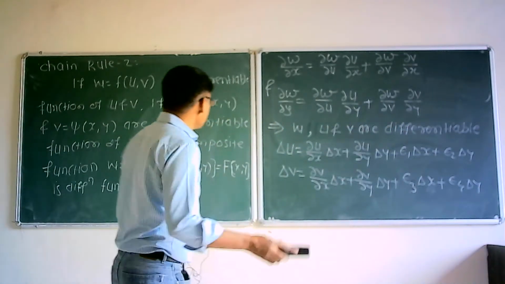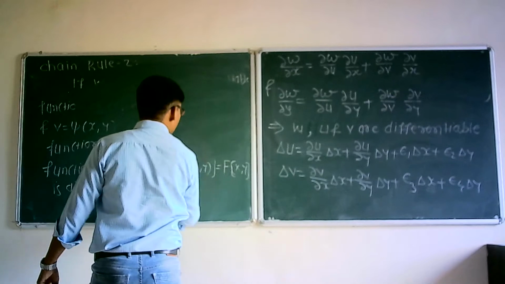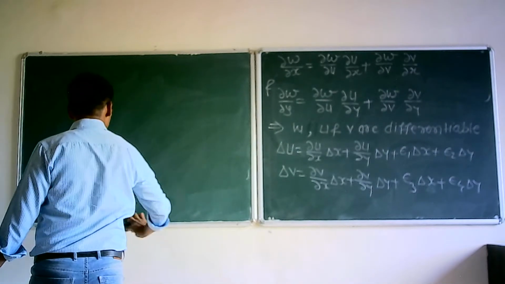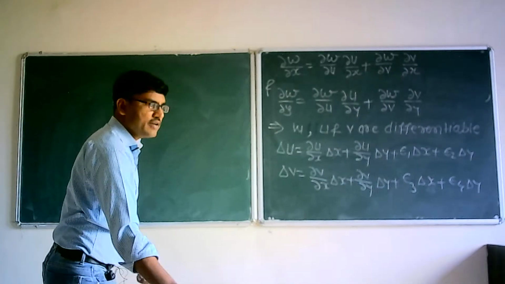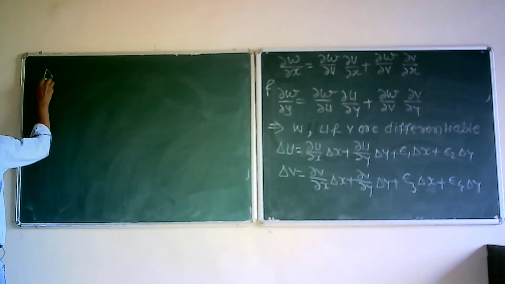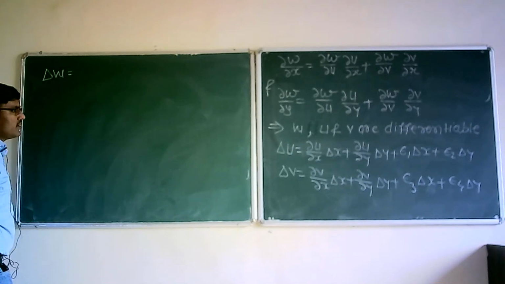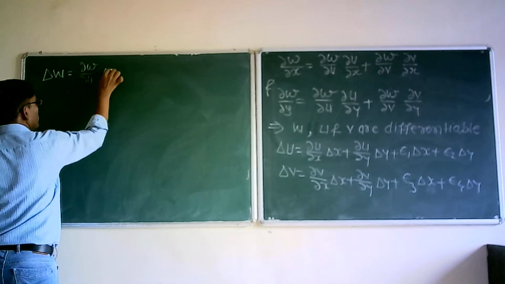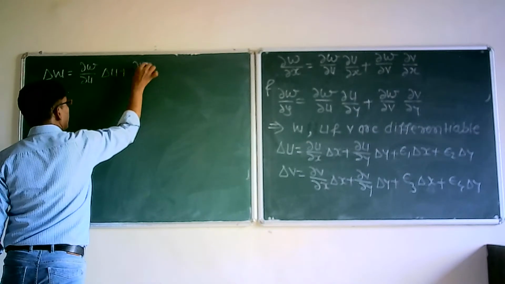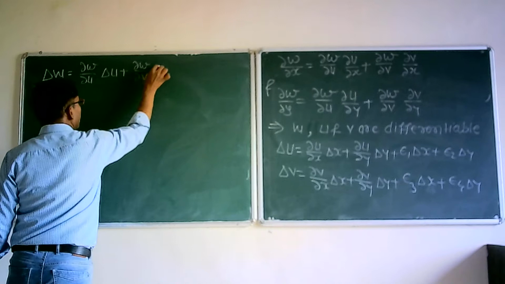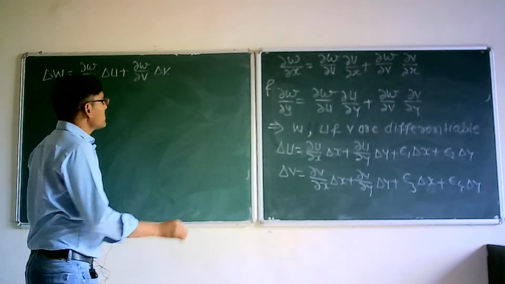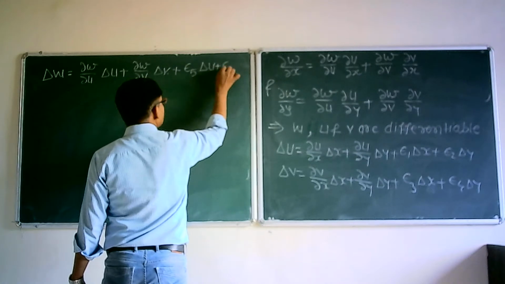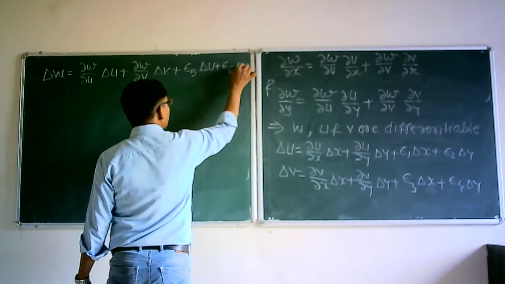Similarly, since w is also a differentiable function of u and v, we can write the increment function delta w as delta w is equal to delta w by delta u delta u plus delta w by delta v delta v plus epsilon 5 delta u plus epsilon 6 delta v.